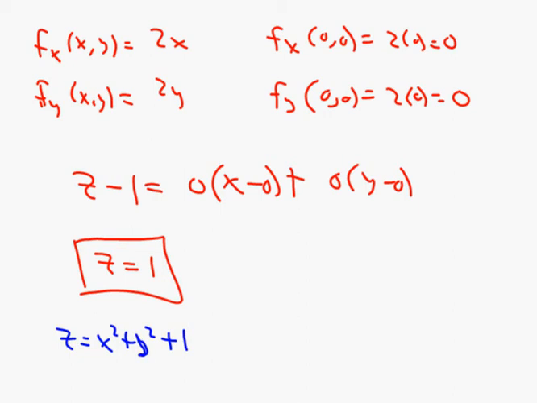You know that this plane that we just found the equation of is always below this surface I've described. And you know that because x squared plus y squared, the least that could be is 0. Right? So this plane would always be below the surface except when x was equal to 0 and y was equal to 0, at which point it would be tangent. They'd meet at one point.